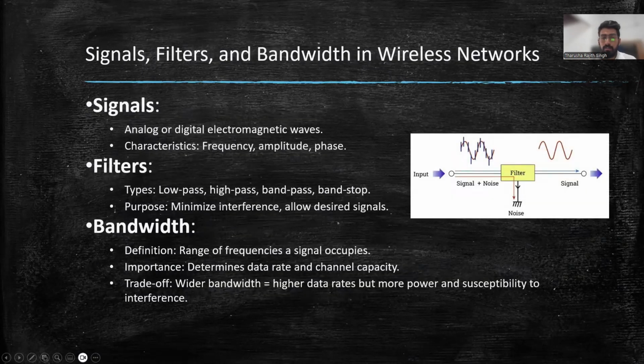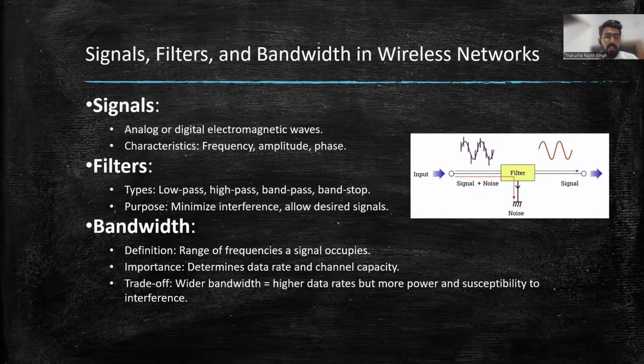Okay, now let's explore signals, filters, and bandwidth, which are critical components of wireless communication systems. Signals: in wireless networks, signals are electromagnetic waves that carry information from one point to another. These signals can be either analog or digital.